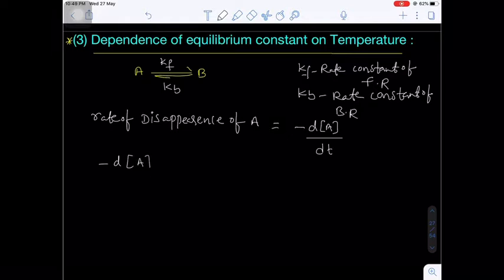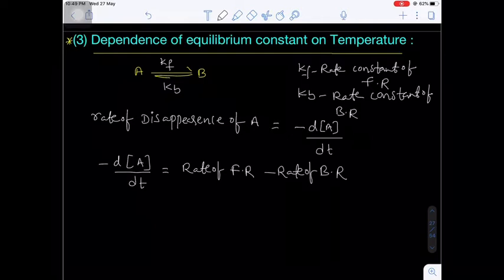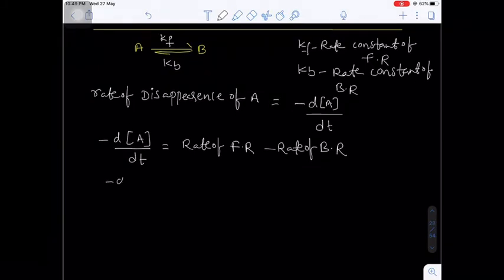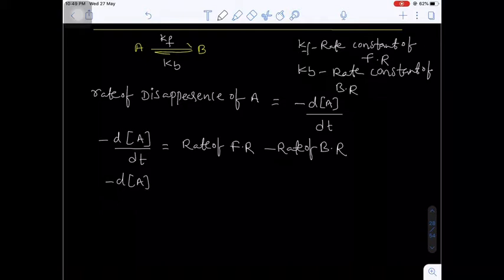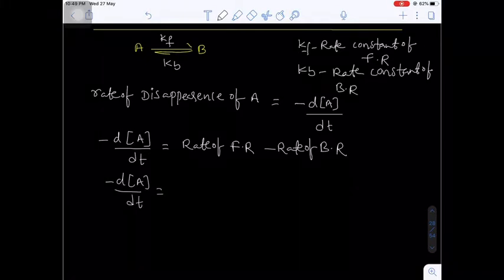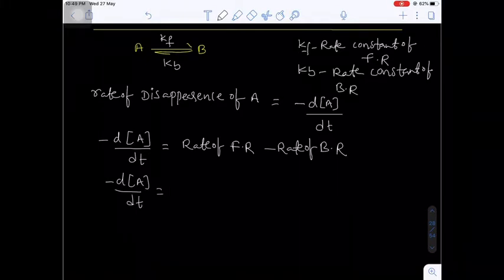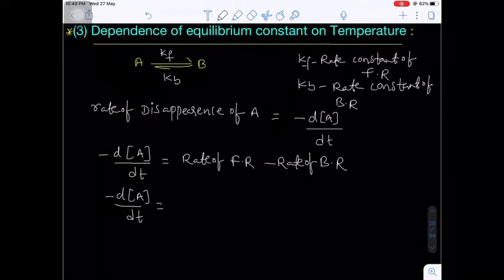Now the rate of disappearance of A, which is indirectly the rate of the reaction, will be equal to the rate of forward reaction minus the rate of backward reaction. So minus dA by dt is equal to the rate of forward reaction minus the rate of backward reaction.